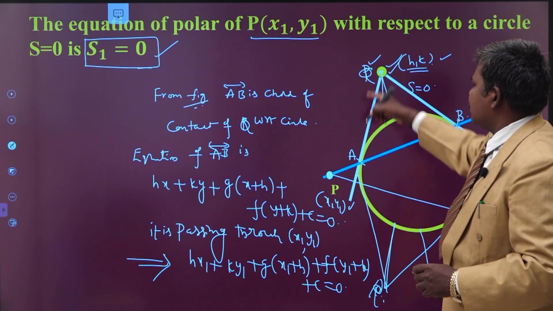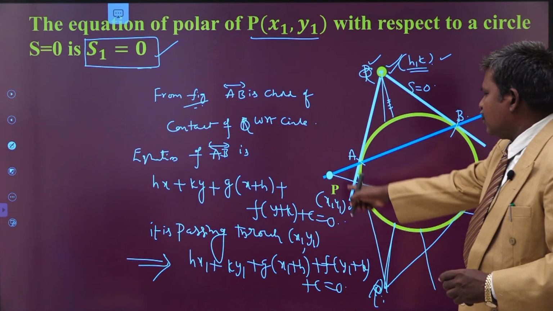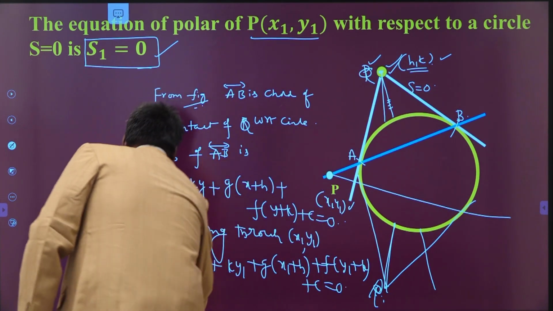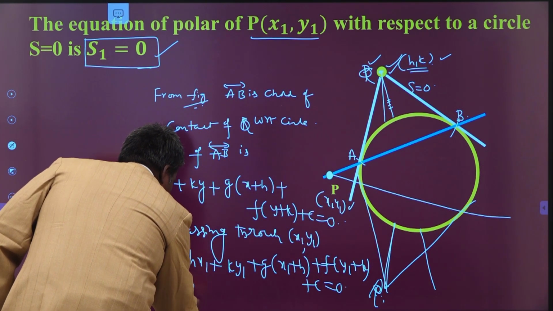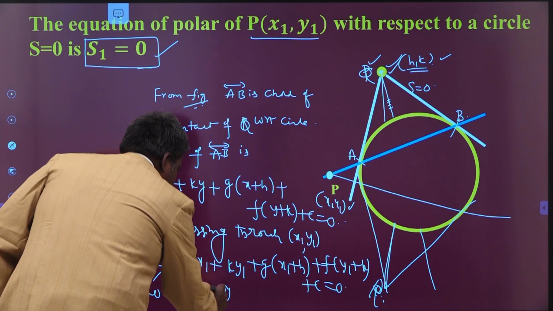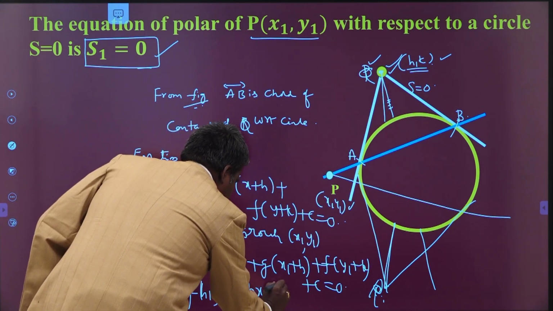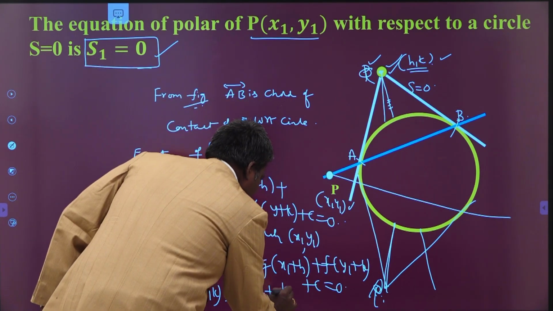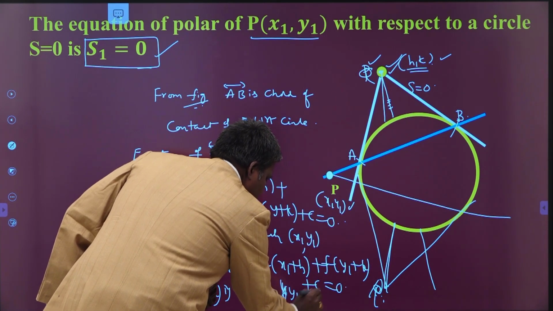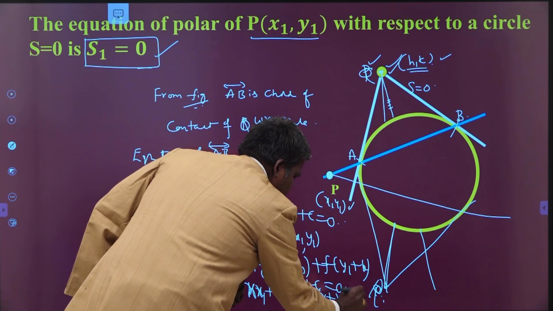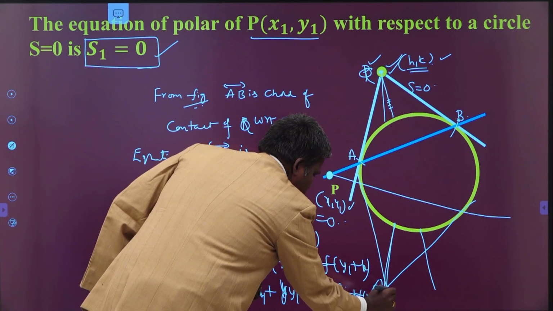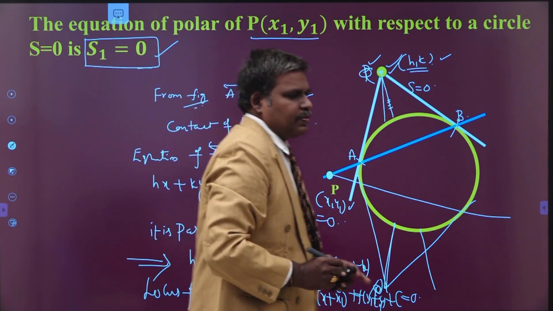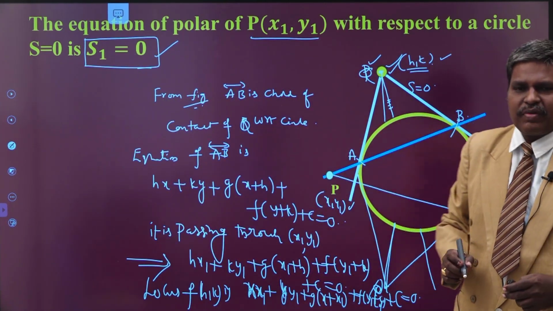This is the locus. The locus of Q is nothing but the polar of P, not the locus of P. P is your fixed point. It is the given point. So the locus of (h, k) is, we are writing the locus for (h, k): xx1 + yy1 + g(x + x1) + f(y + y1) + c = 0.